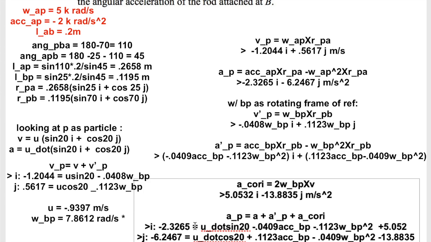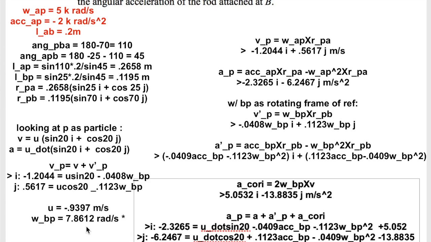Do the same thing: set up an equation for i and an equation for j, then solve to find this u dot factor. The angular acceleration of BP has to be this 81.146. Sorry, that's wrong. That should be radians per second squared, not meters per second squared. So it's this many radians per second squared.